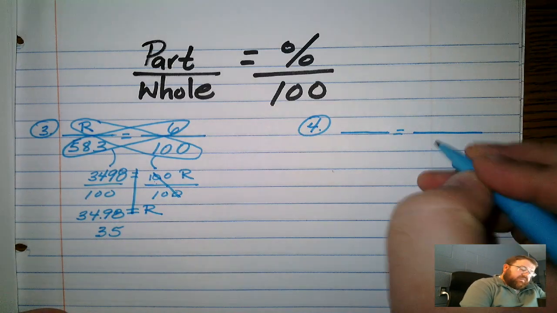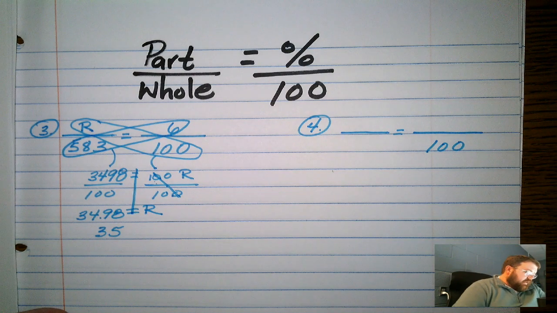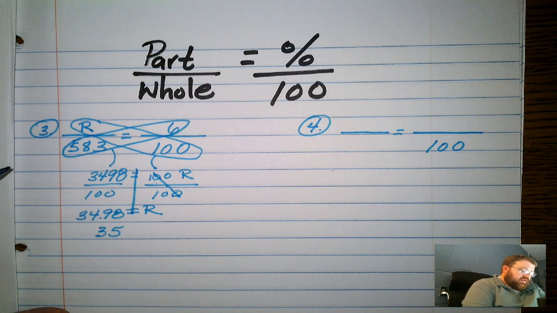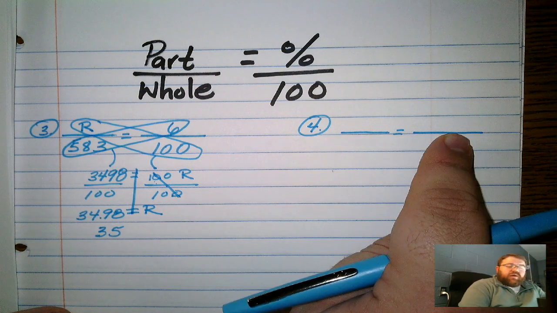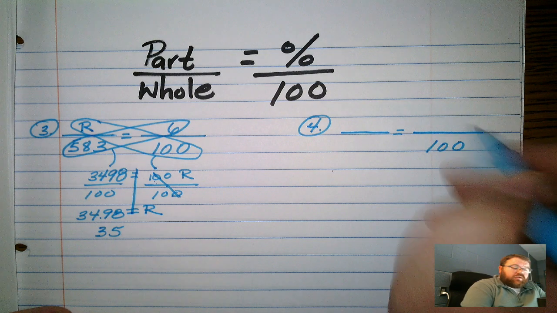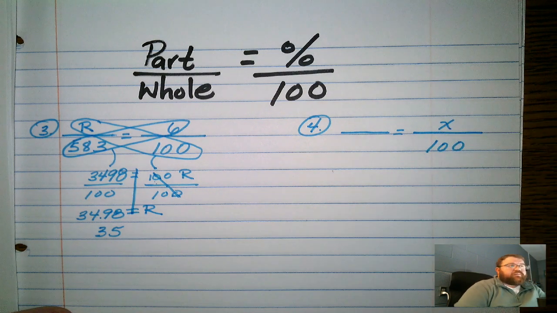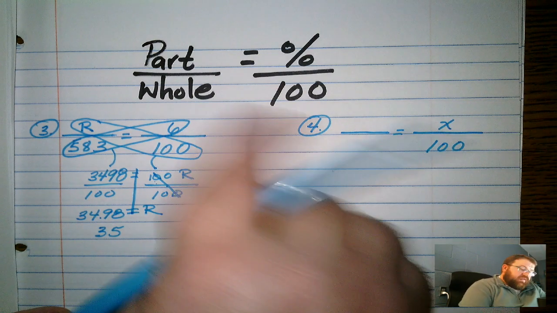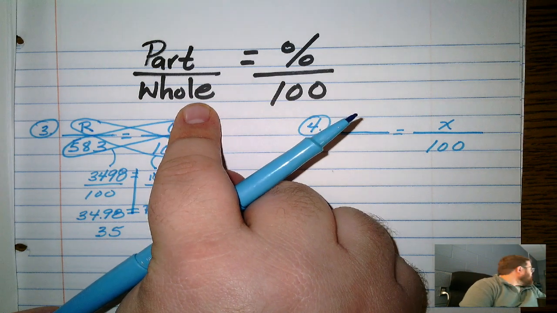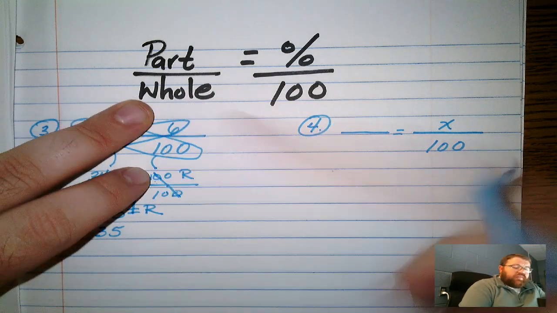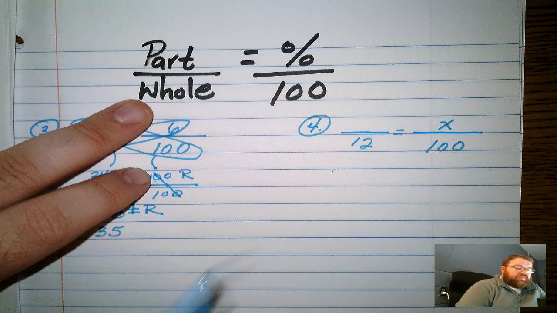100 is your constant. If I'm looking at the question, I have nothing in the question that is my percent, so I'm going to go ahead and put my variable there. The whole carton, how many are in the whole carton? And that would be 12.